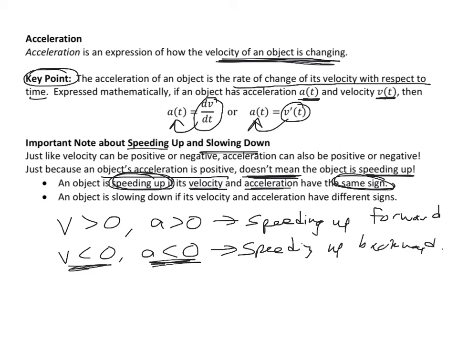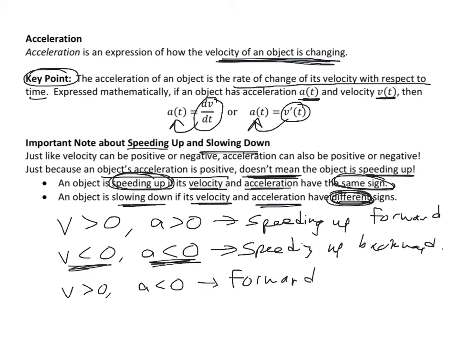Now, on the other hand, if the velocity and acceleration have different signs, then the object is slowing down. So for instance, if the velocity is greater than 0, velocity is positive, but the acceleration is smaller than 0, it means that you're going forward.